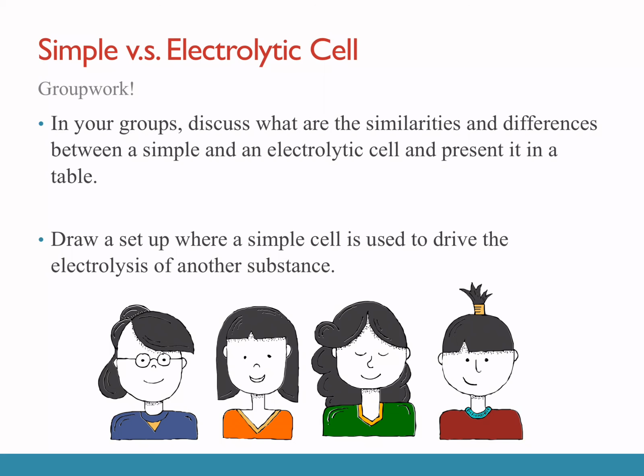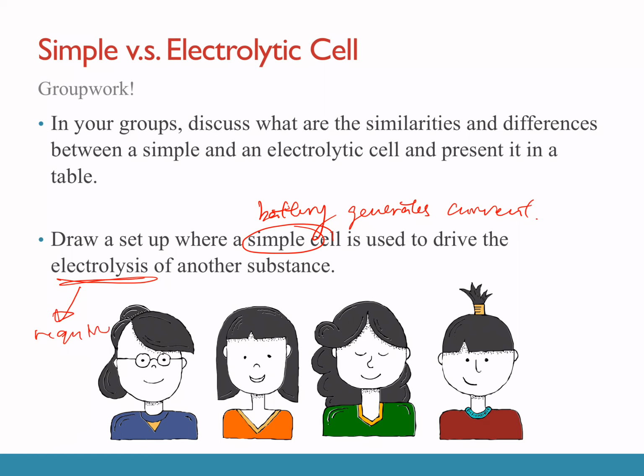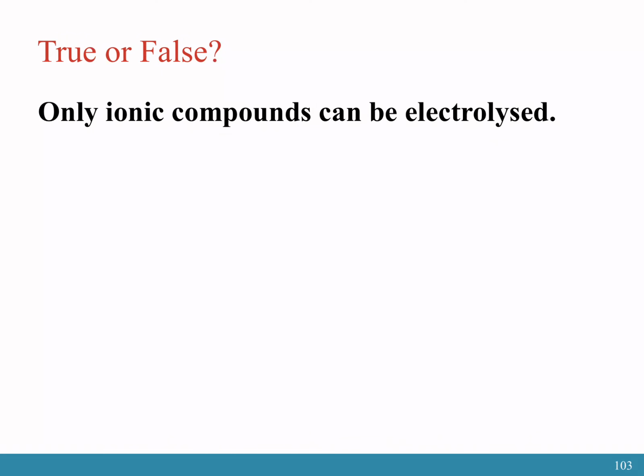Again, a simple cell is like a battery that generates the current. Electrolysis requires a battery to drive the reaction. So how can we combine these two types of cells together? That will be your homework. Try and think about this.